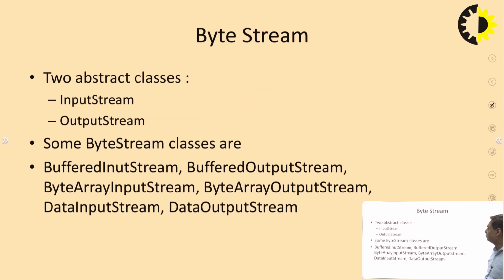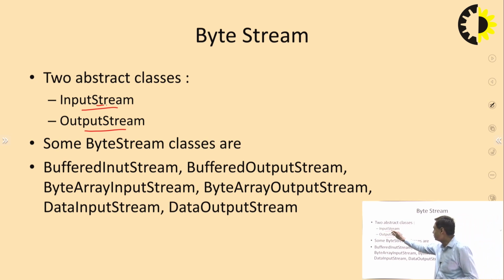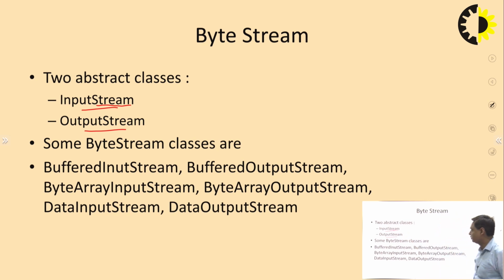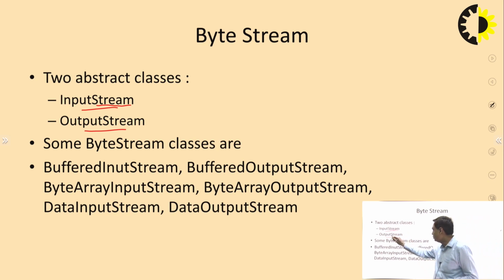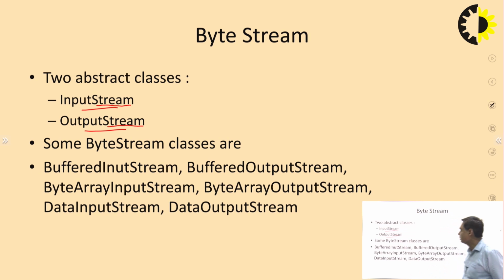Now we are learning byte stream. There are two abstract classes: one is InputStream, the second is OutputStream. Remember, for byte stream, the word Stream is used at the end of the class name. These are the abstract classes, and we have many subclasses from which we will create objects.